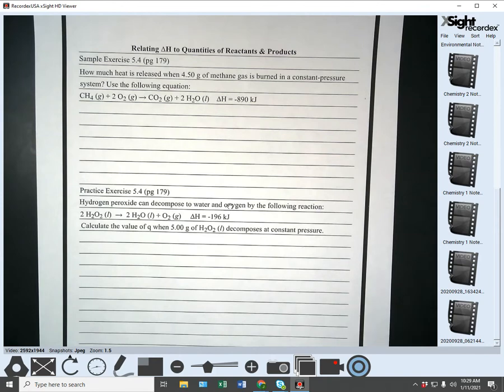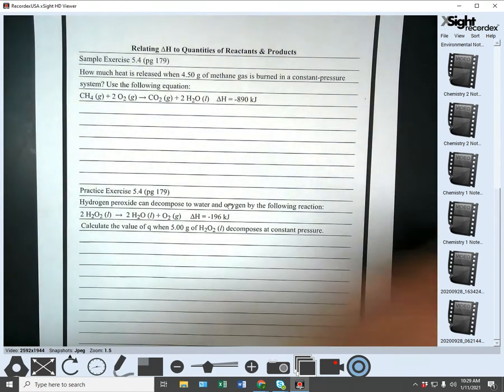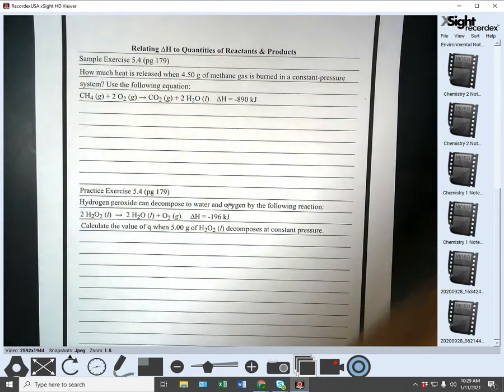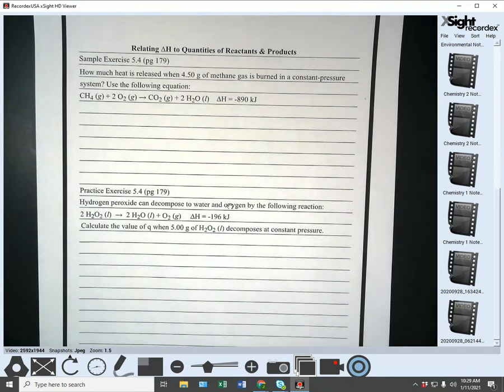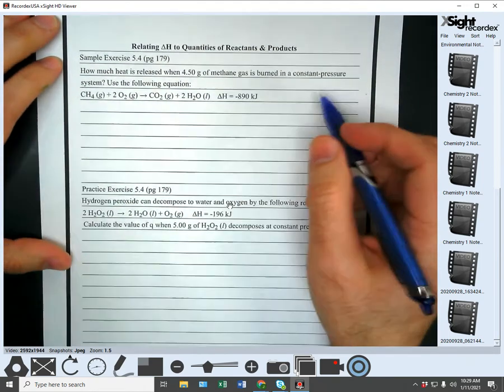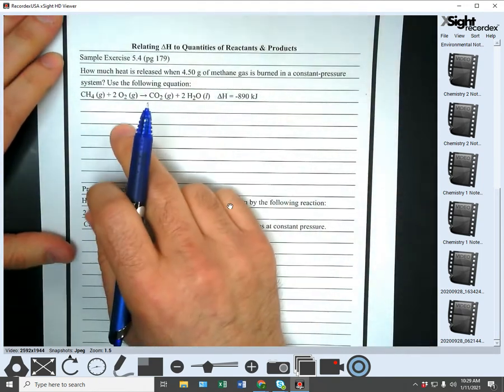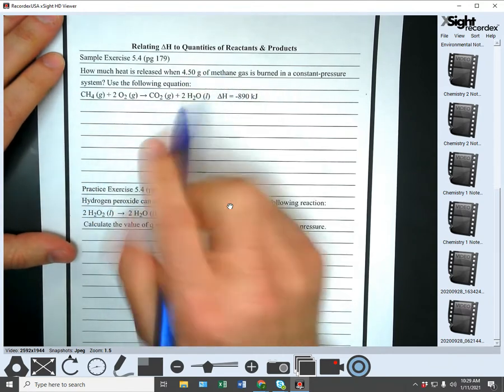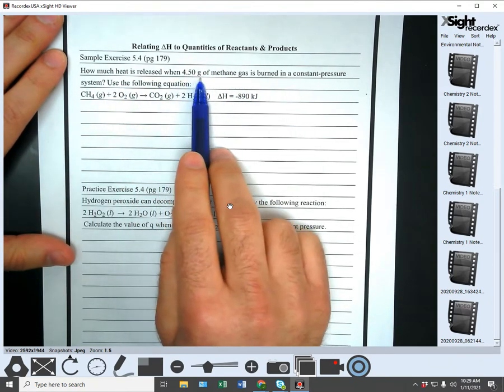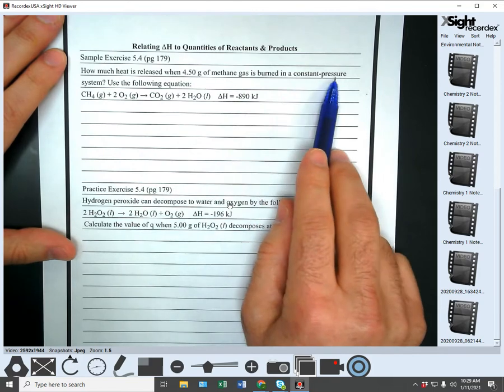Okay, so, how much heat is released when 450 grams of methane gas is burned in a constant pressure system?